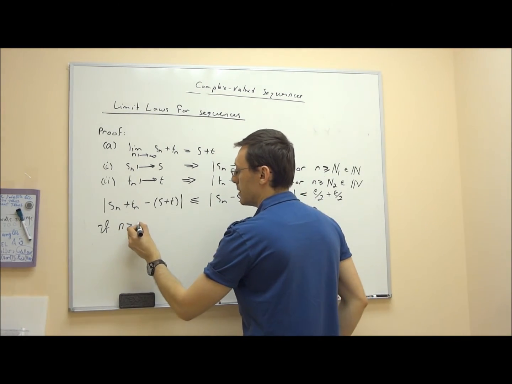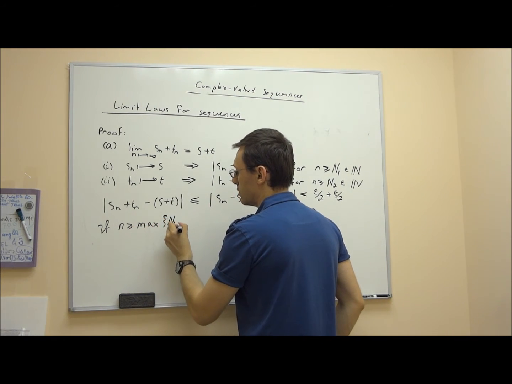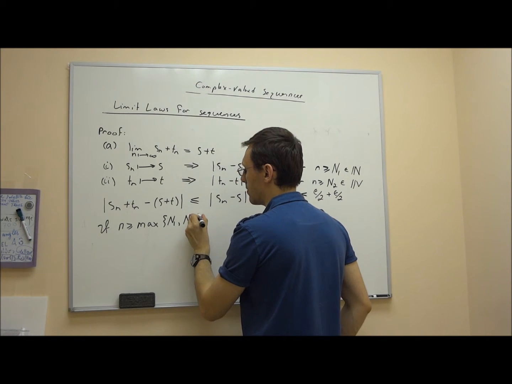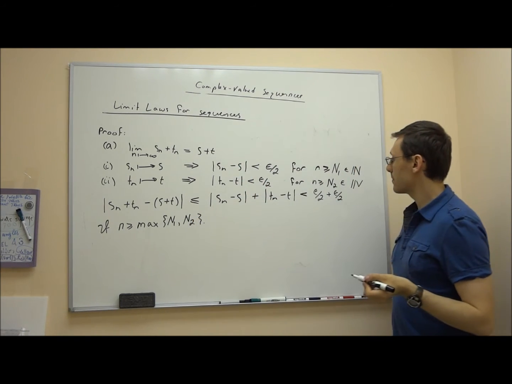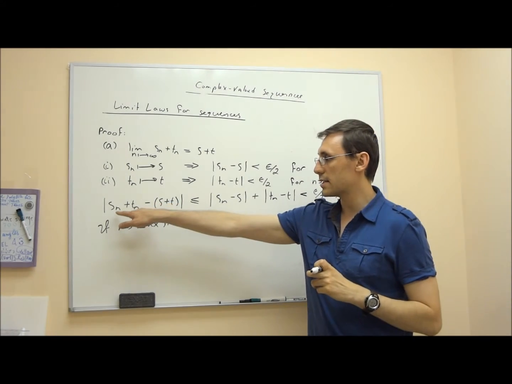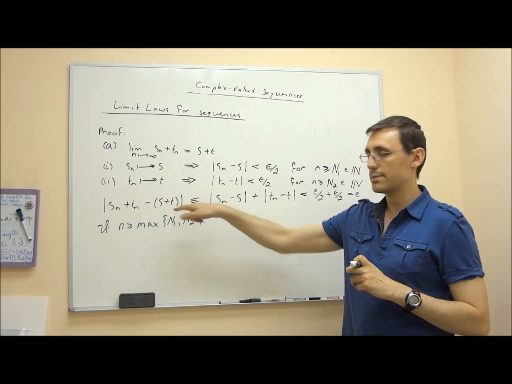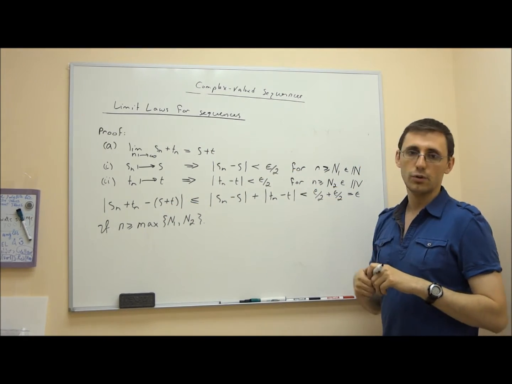So if little n is bigger than or equal to max of capital N1, capital N2. And this equals epsilon. So this establishes that the sum Sn plus Tn is arbitrarily close to the sum S plus T, which proves that A holds.